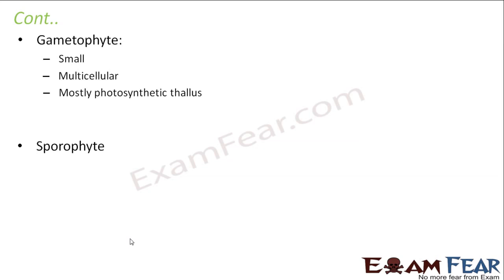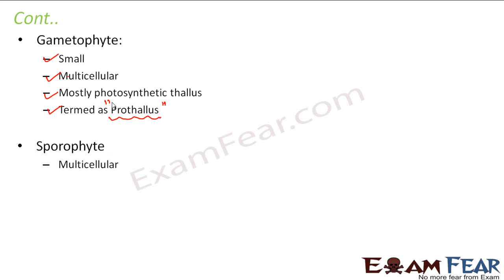So if you look at the life cycle of the fern, what do we see? The gametophyte is a small structure. It is multicellular and it is mostly photosynthetic. It mostly has the green colored pigment and it can perform photosynthesis. So this gametophyte is often known as prothallus.